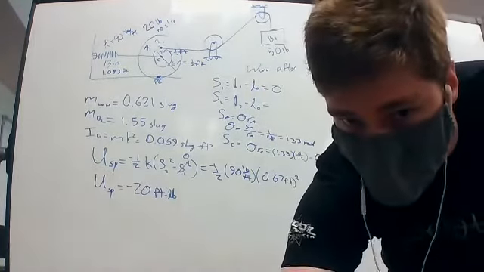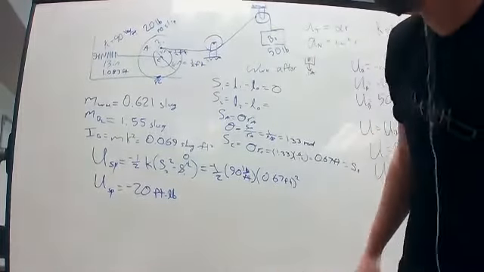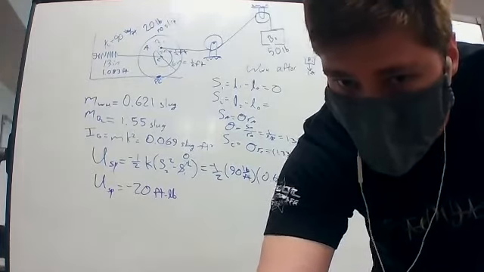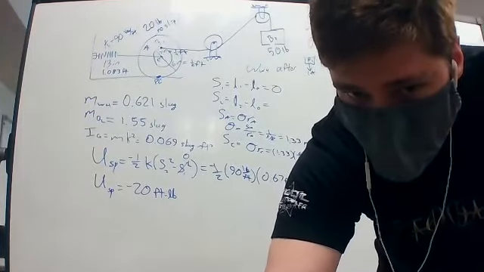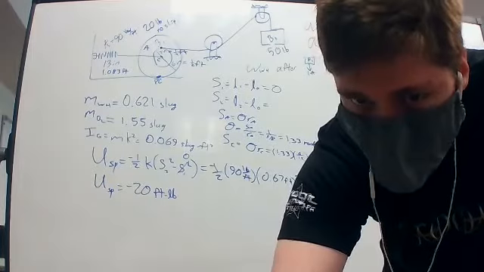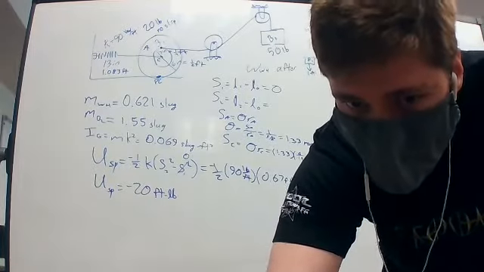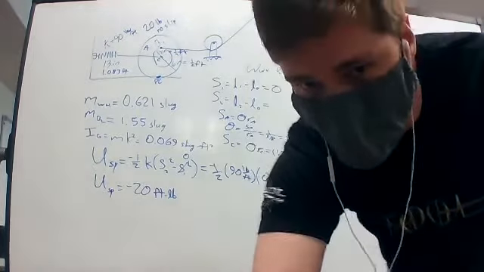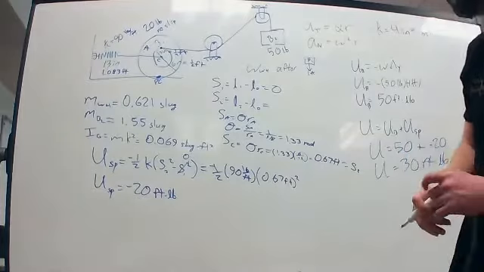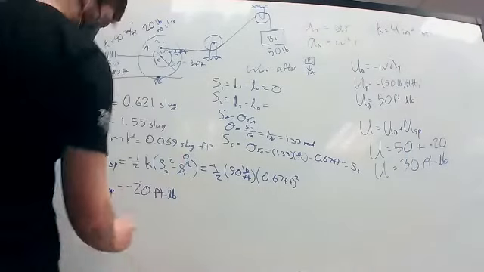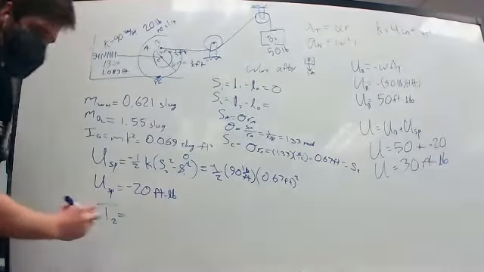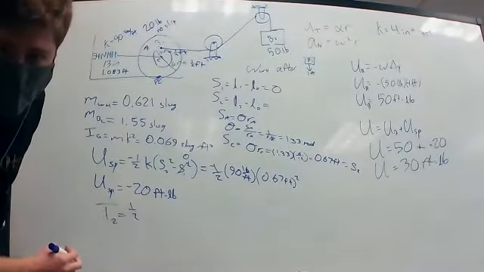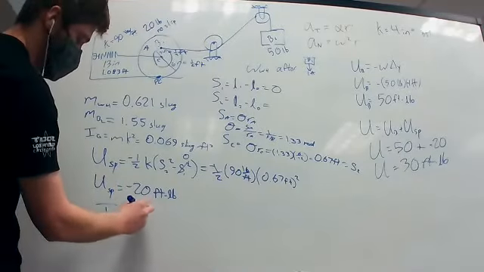And going back to the question, the question is asking us for the angular velocity of the wheel. So now that we know the work, we can move into energy, where we say that it starts at rest, so our T1 is 0. So right away we can say T2 is equal to 1/2 the mass of the wheel times the velocity of the wheel squared.